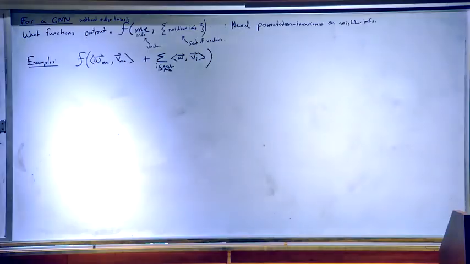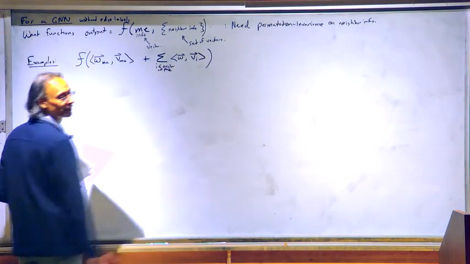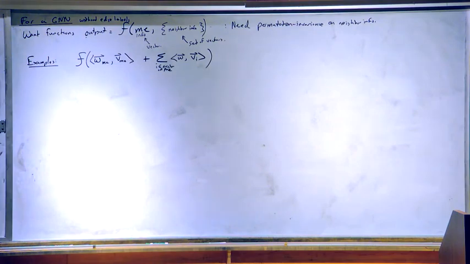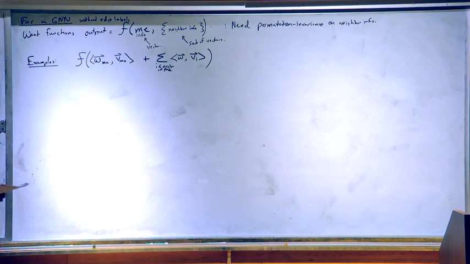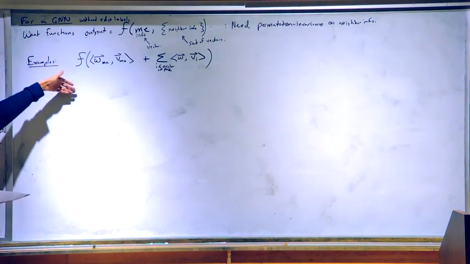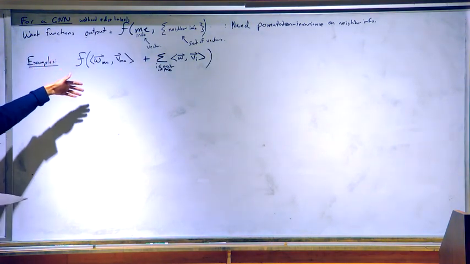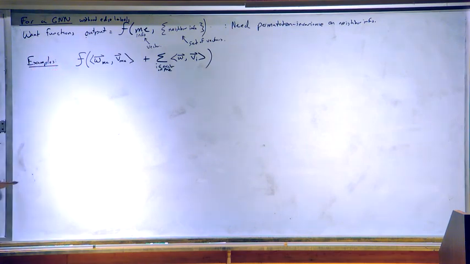You can do this. This is like a linear combination of neighbor information that is also combined with itself, then run through some nonlinearity. Okay, so this is a valid example. And of course, you can do a bunch of these, right? You can have different ones of these if you want for different channels.